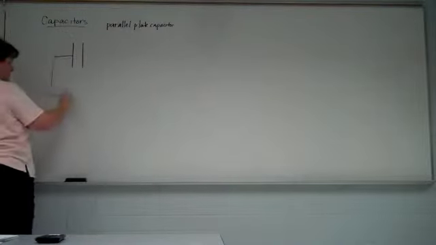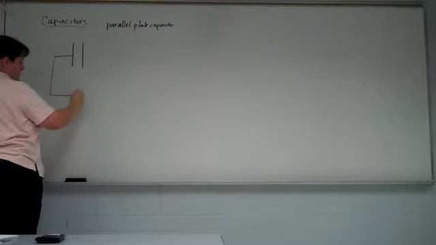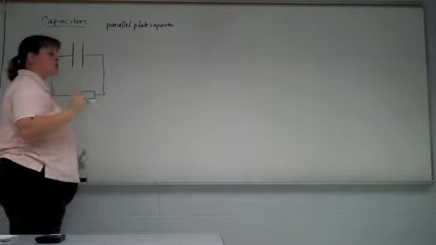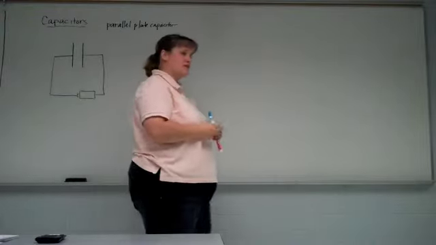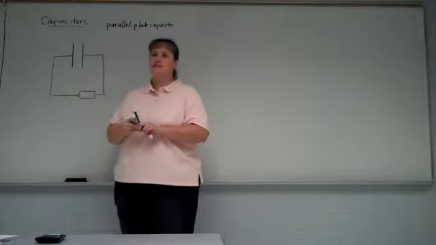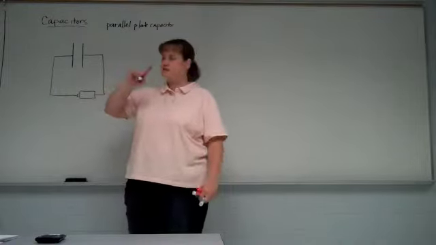When we have a capacitor and we connect it to some sort of battery, that battery forces charges to move throughout the circuit until the electric potential is the same on any one conducting surface.